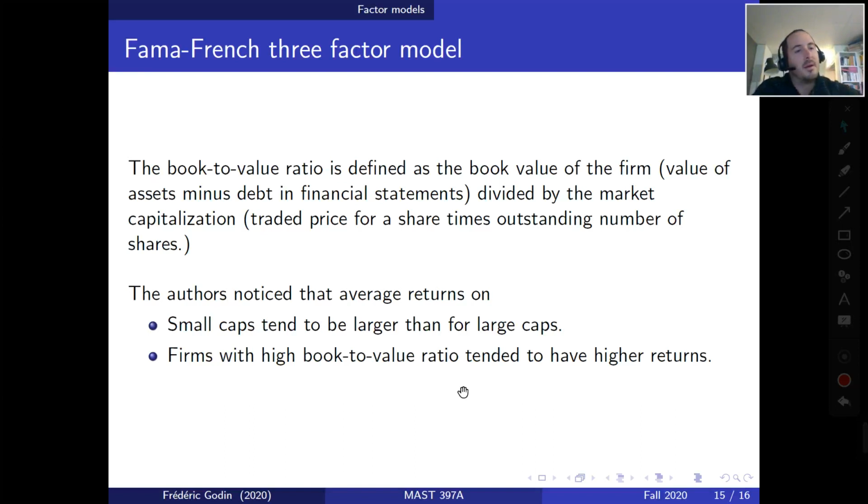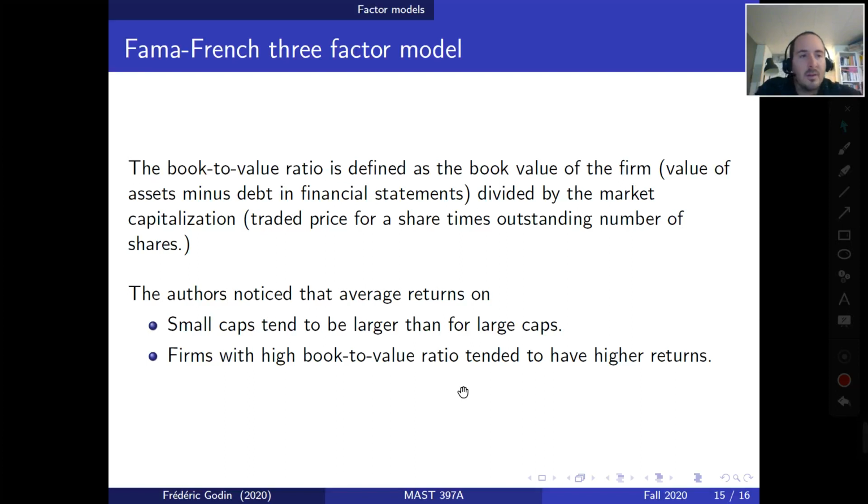So a high book to value ratio means that we consider firms for which the book value is very high in comparison to the market value. If you look at their financial statements, the assets, or the net assets, so assets minus debt, look higher in comparison to their market value.